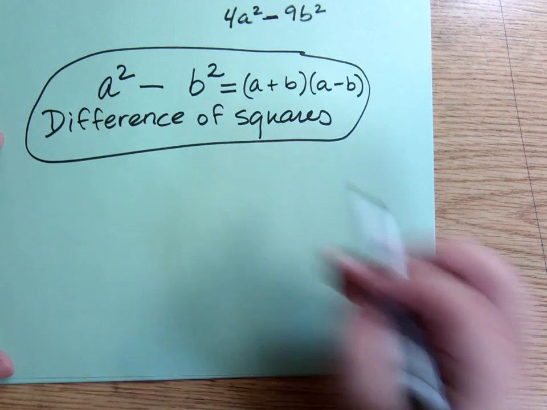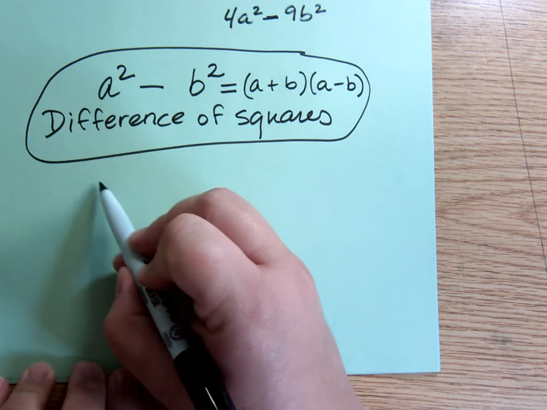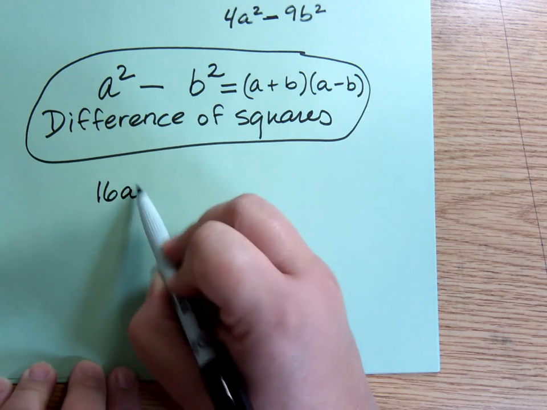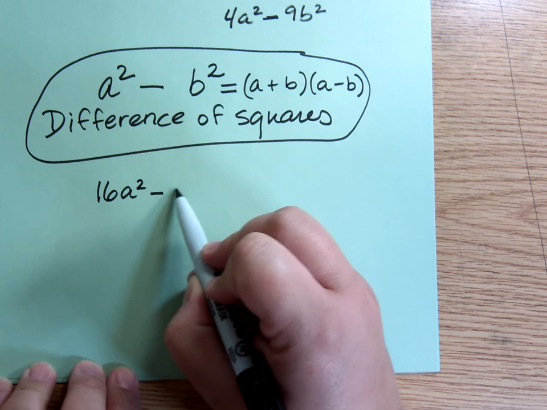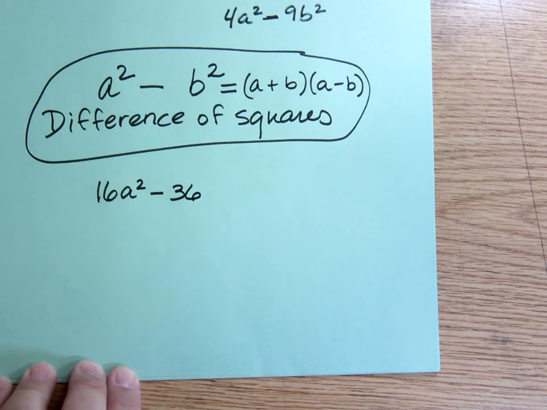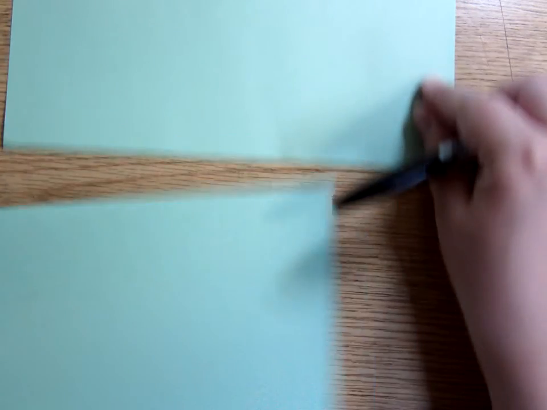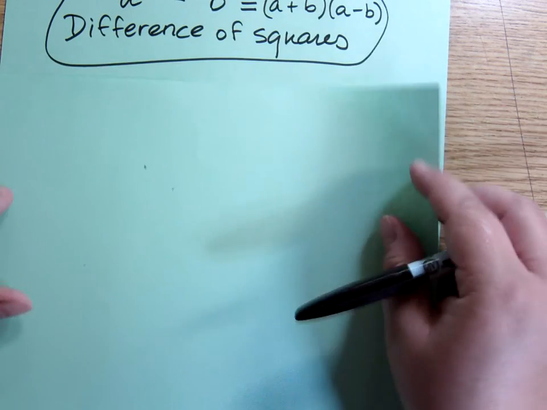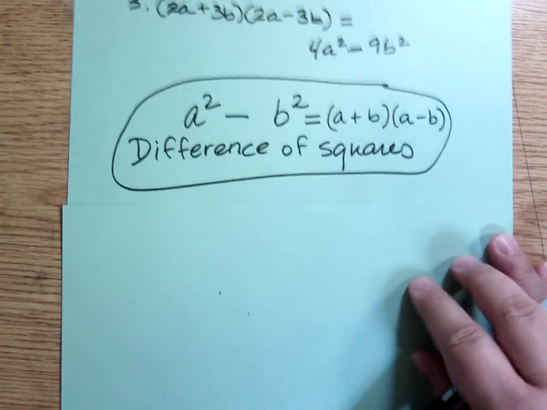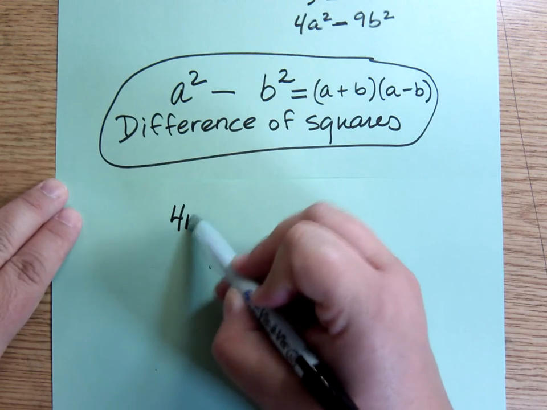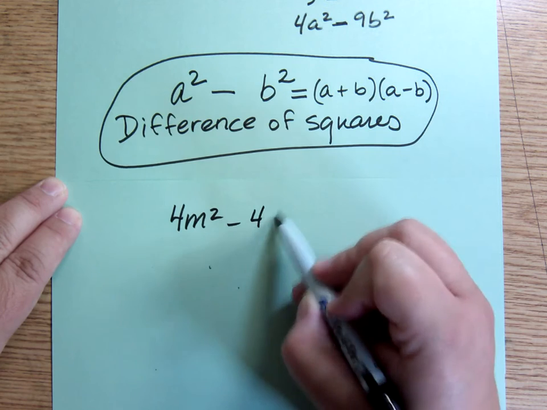Okay, let me give you an example. Let's say you have 16a squared minus 36. This is a really bad example. Sorry, we'll come back to that example. How about 4m squared minus 49?